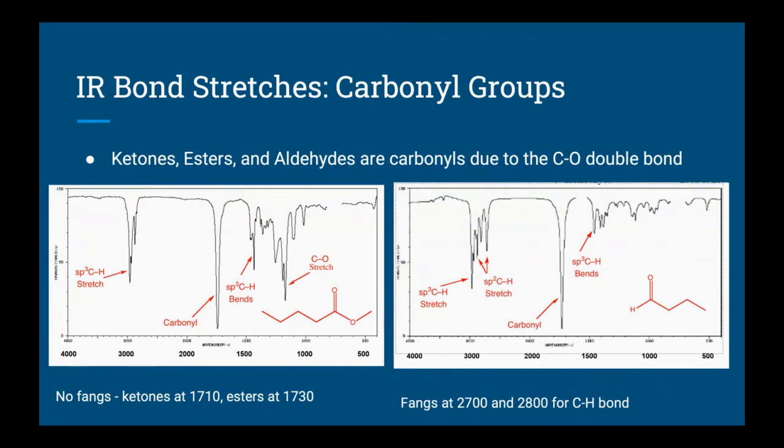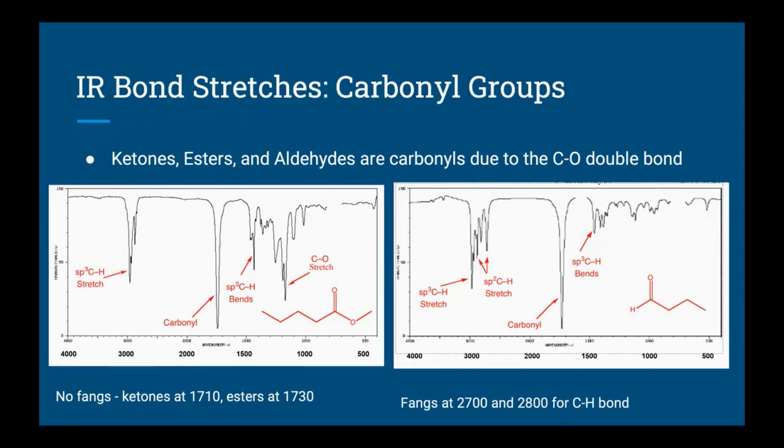So now we're going to talk about the carbonyl groups, which are the most prominent spike we can see on an IR. They usually appear around 1700, and there's this long spike that happens. And so we see on the left that there's a carbonyl spike for a ketone. And if we remember, a ketone is just the carbonyl with just CH3 attached.